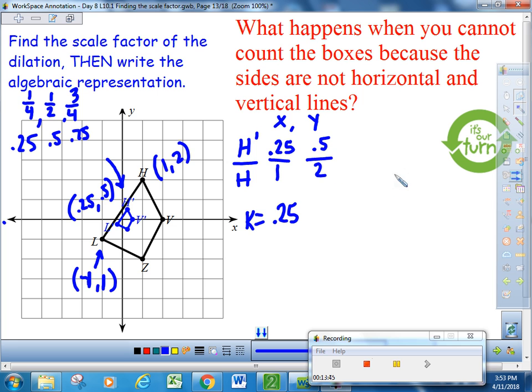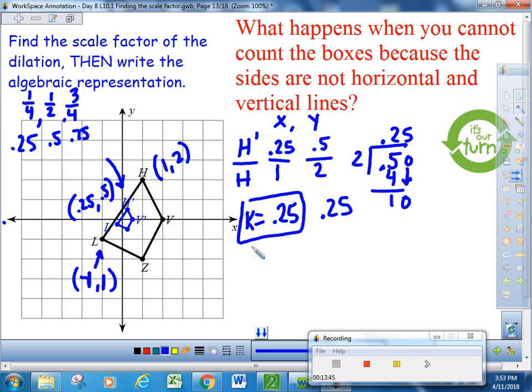If you don't know how to simplify that, just divide, bring your decimal up. 2 goes into 5 twice. 1 left over, add a 0, bring it down, and 2 goes into 10 5 times. So this one is 0.25. So as long as they're equal, that is my scale factor, my K.